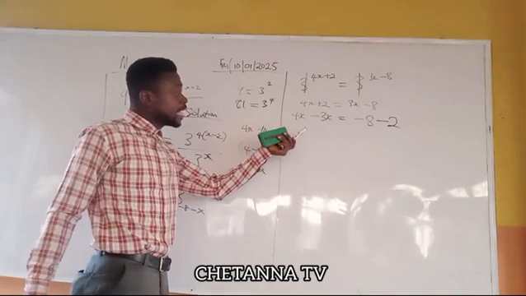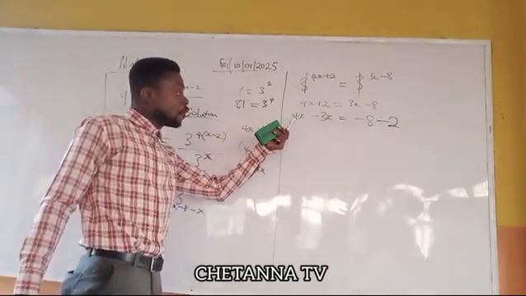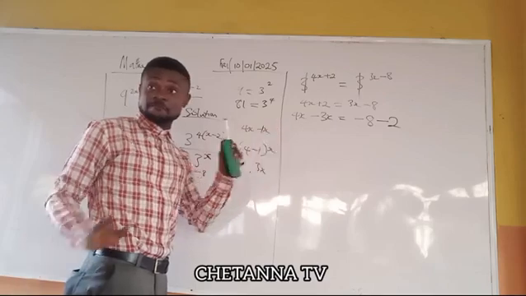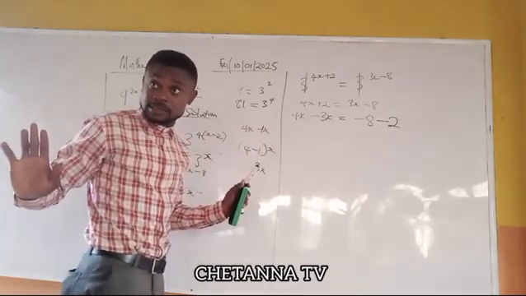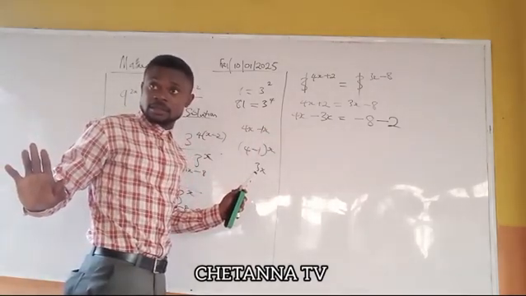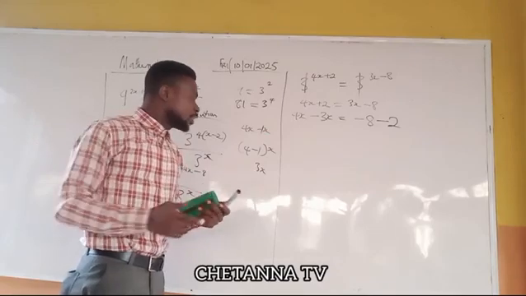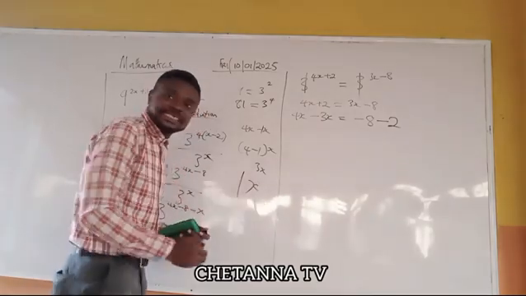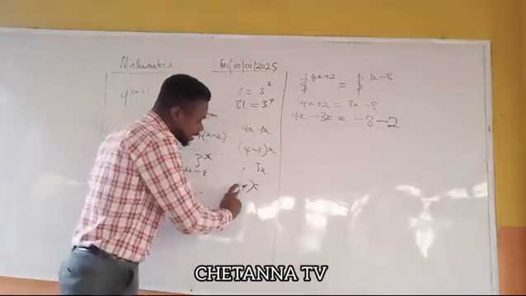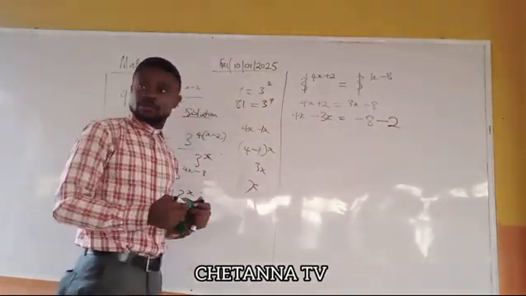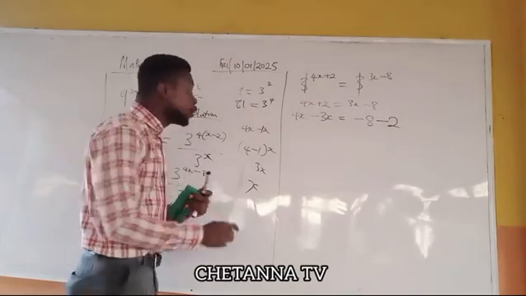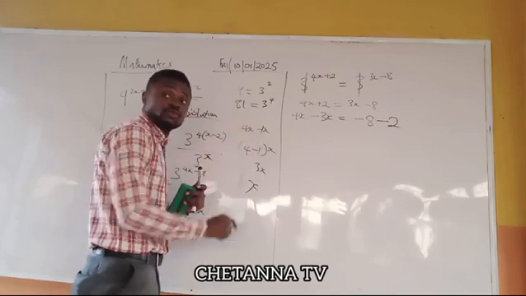So 4x minus 3x is just x. The 1 is invisible. I intentionally put it here to explain something to you.